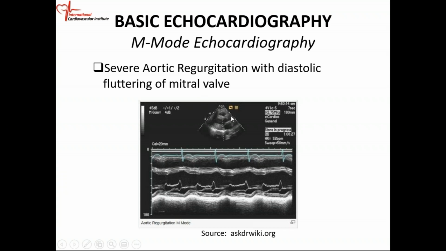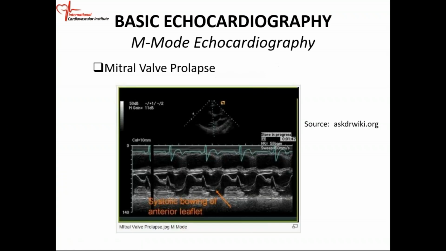So if you have aortic insufficiency, the blood is coming this way, it's going this way, so it's going to strike the mitral valve. Remember, the mitral valve is supposed to open in diastole. So this blood is going to strike it, prevent it from opening, and you're going to get some fluttering. So that's what this represents. Okay? So you should be able to identify that in the exam.